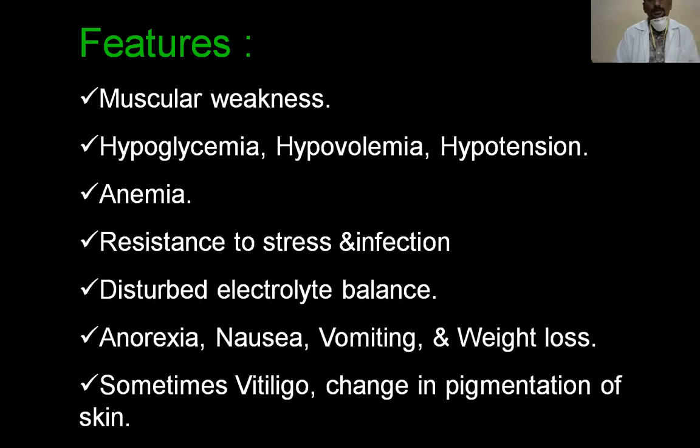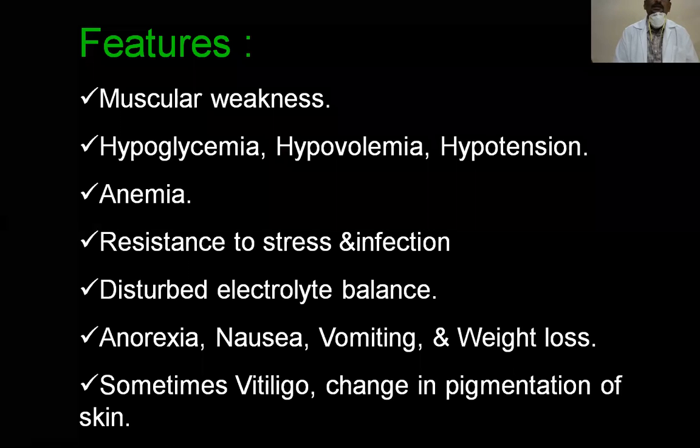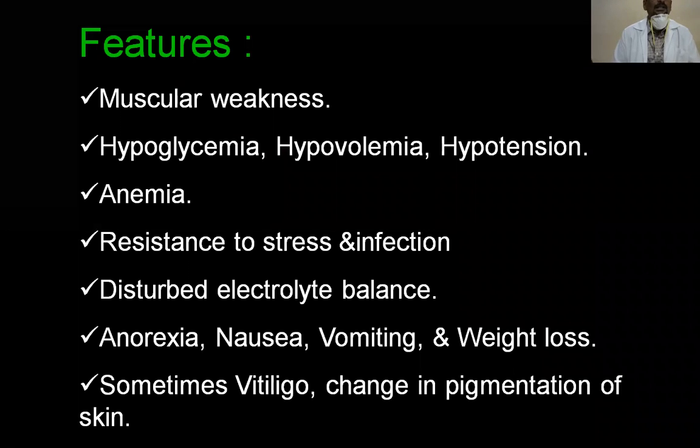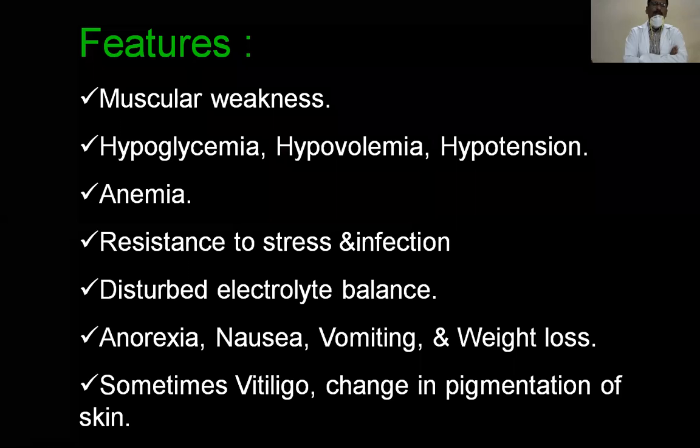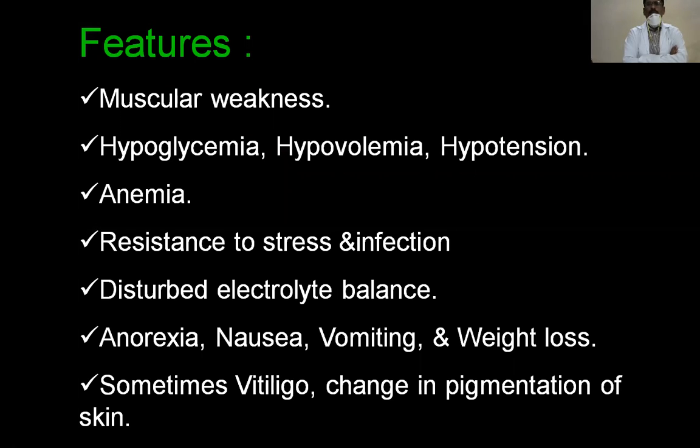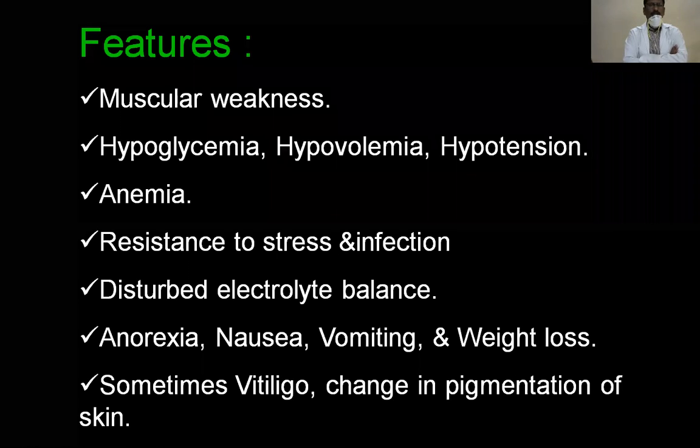There will be hypovolemia as well as hypotension, and there will be anemia because the glucocorticoids help in the formation of RBC, etc. They help in glucose homeostasis also by anti-insulin effects, etc. Those things are now lost.